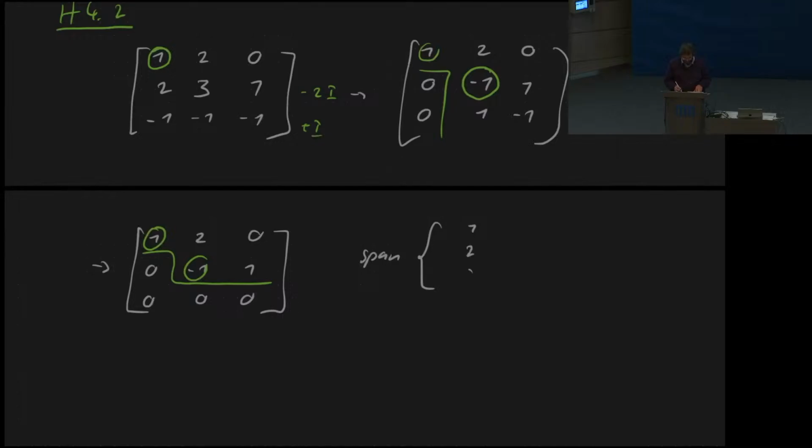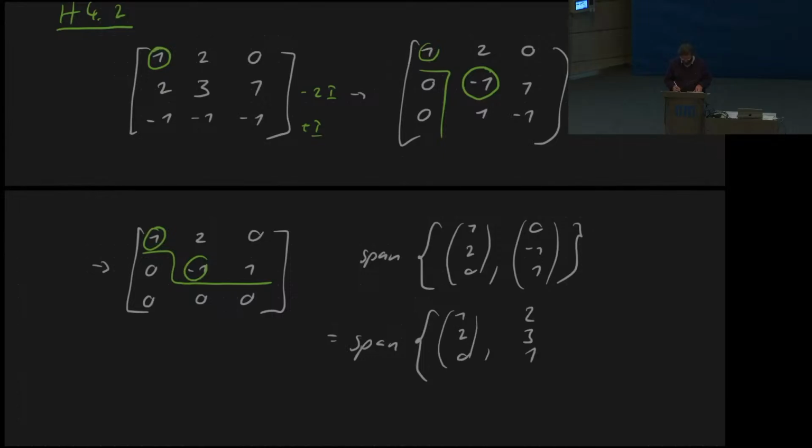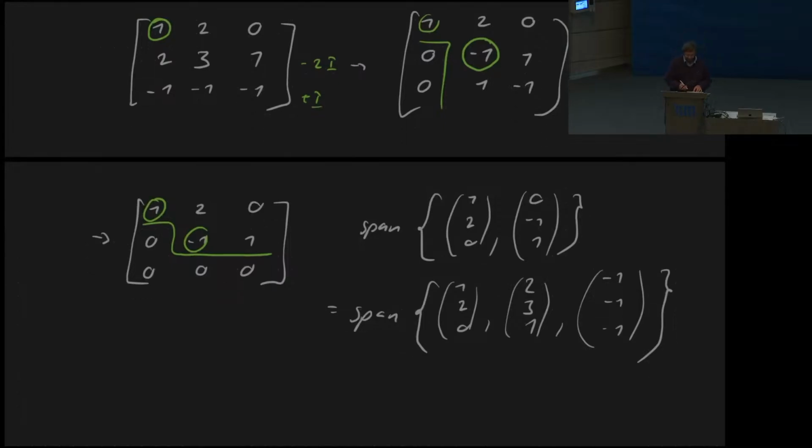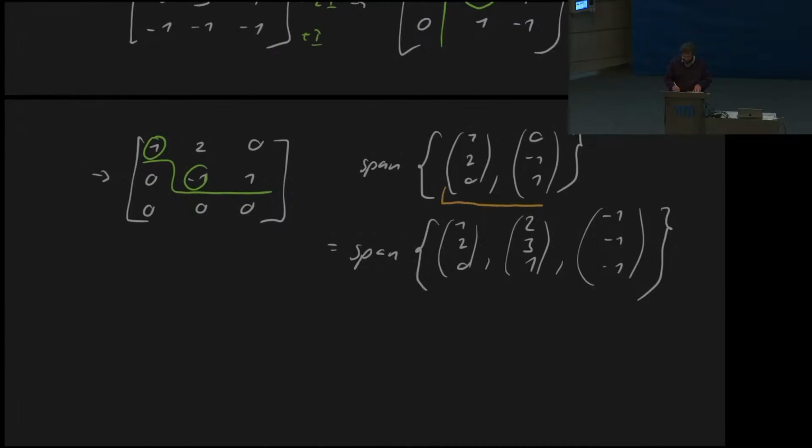But if I now take those rows here, write them as columns, that is the same thing as the span of my original vectors, 1, 2, 0, 2, 3, 1, and minus 1, minus 1, minus 1. So here I have a system that generates my vector space and is linearly independent, so that's a basis. All right, so this here, this is a basis.